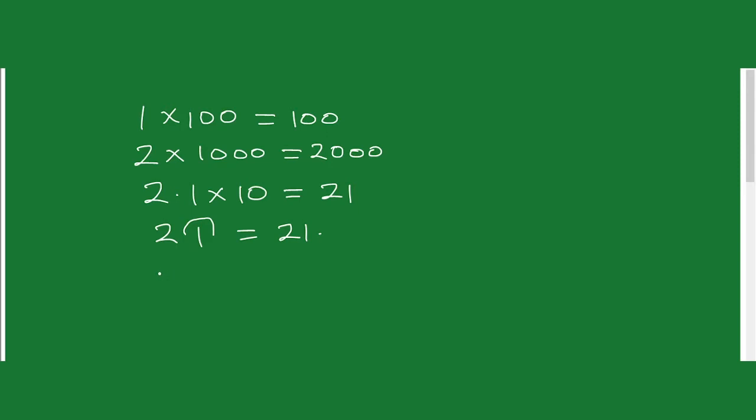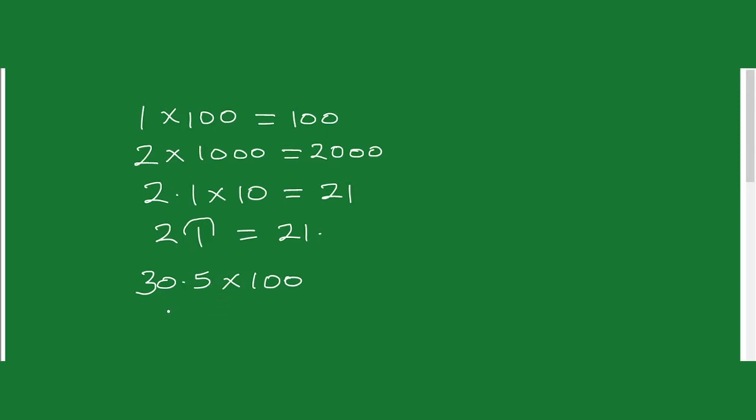So if we have a number like, let's say, 30.5 times 10 or times 100, you cannot just add 2 zeros after this 5. That is wrong.